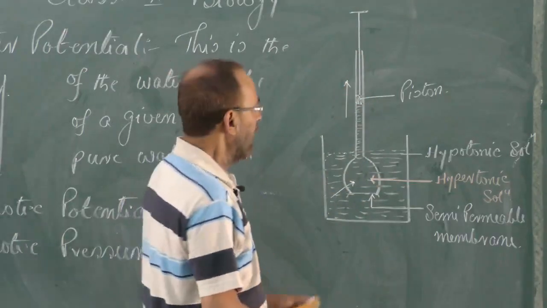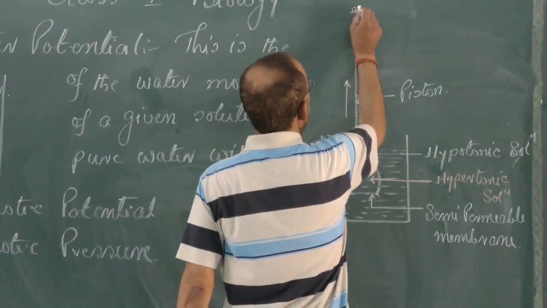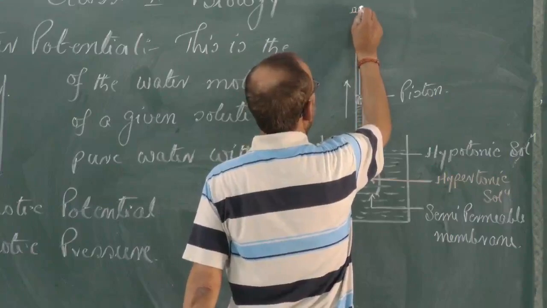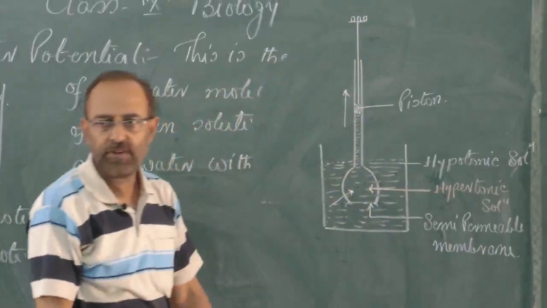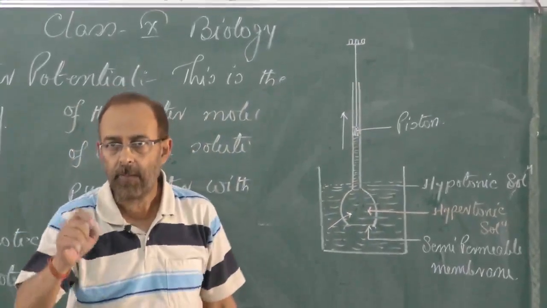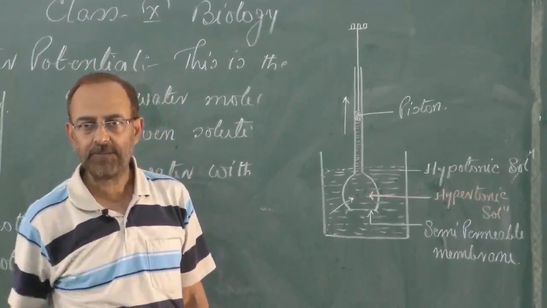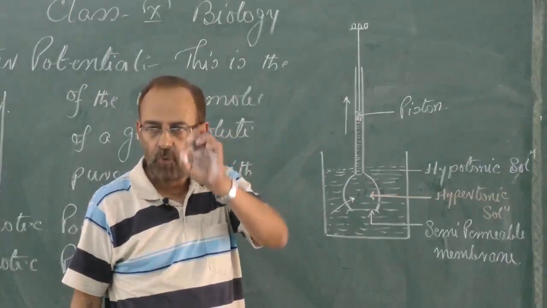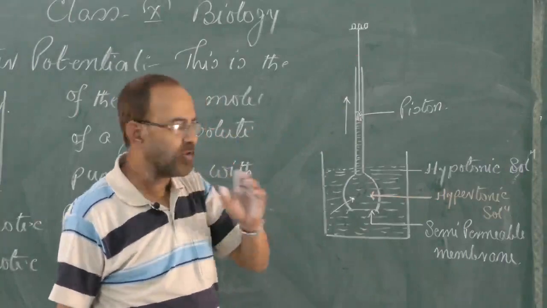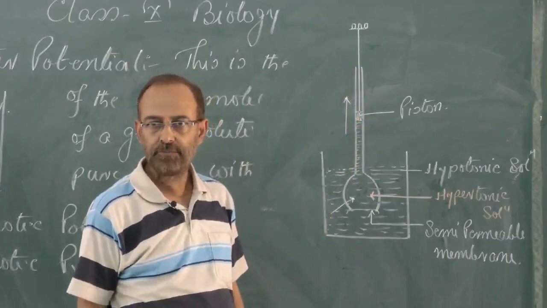Okay. Now, we start placing small weights on the platform fitted at the upper portion of this piston, slowly, 1 gram, 2 gram, 3 gram, like that. Now, initially when we put a small weight, we still find that there is a slow rise of the piston in the upward direction.